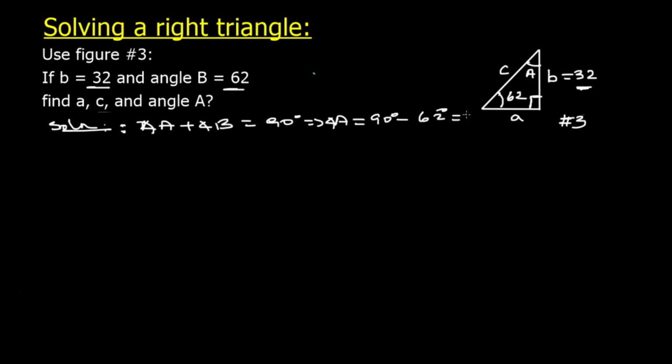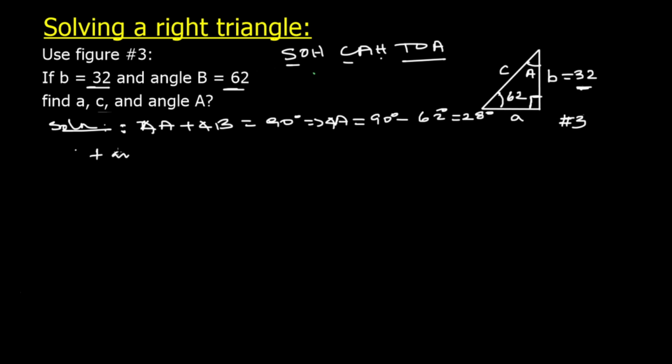We get 28 degrees. Okay, let's solve for side A. We can use SOHCAHTOA. As you know, sine and cosine both deal with the hypotenuse. We don't have C yet, therefore let's use TOA.